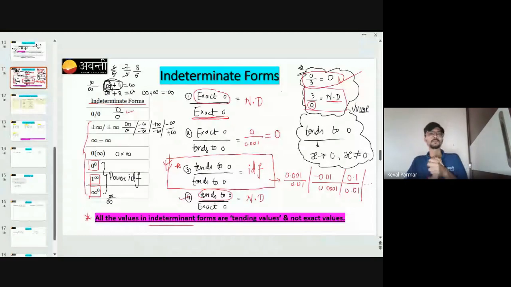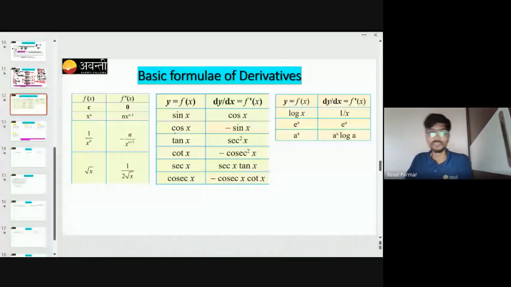Yes, super. Next I was talking about the derivatives. I hope you know all these formulas. They are on your screen, and I will make you revise the formulas of derivatives, because for L'Hospital's rule, or LH rule, every time it is not possible to apply L'Hospital directly.